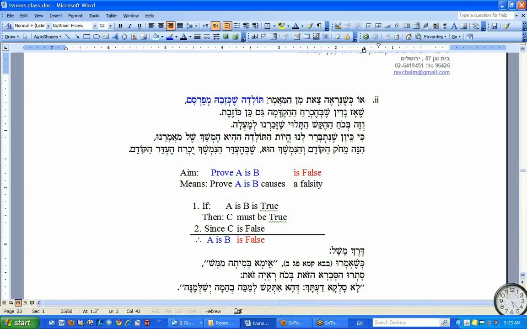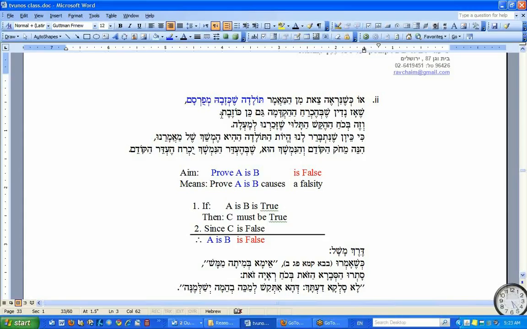I show you that something comes out of your statement that's a tolda kozevis meforsam, that everybody understands is absolutely false. Sha'az nidon behechrach havdama gam ken kozevis. So then we could say that your statement is false because since it produced a false result from a hekesh that's valid, it has to be false.